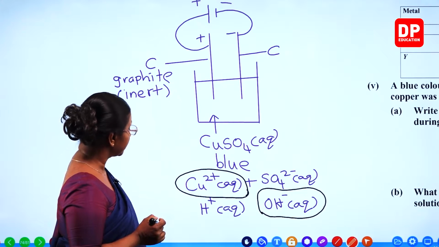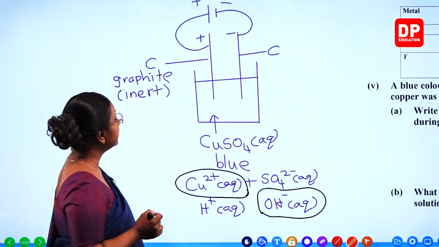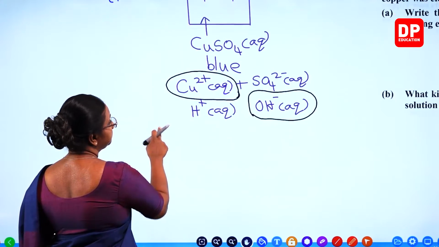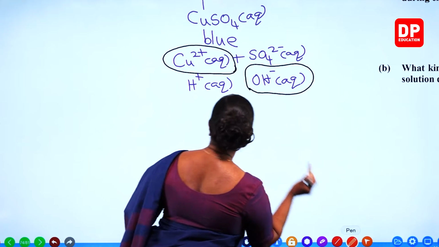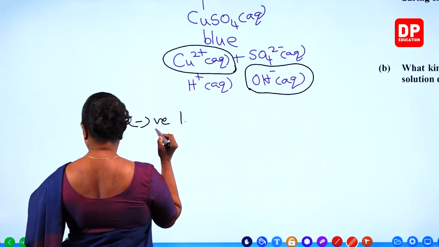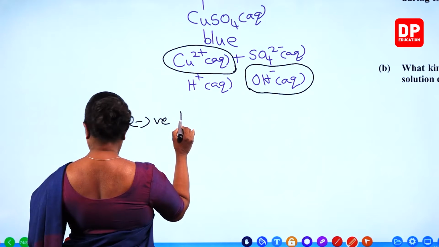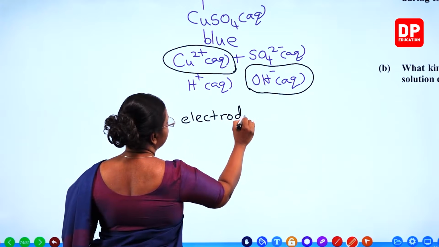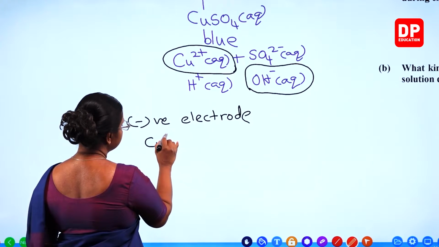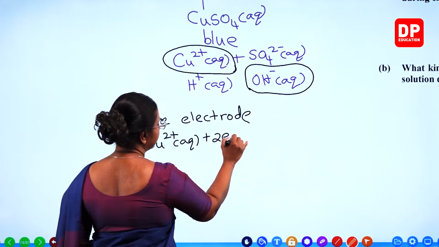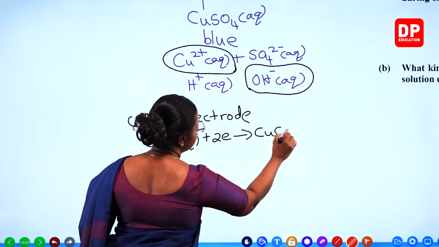So, what are the reactions taking place? Near the negative electrode, you can remember, students, what will happen? Copper ions, Cu2 plus aqueous, take up 2 electrons and become Cu solid.